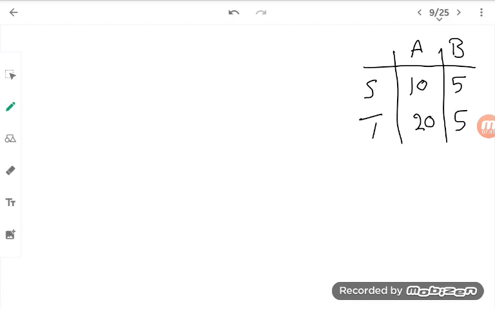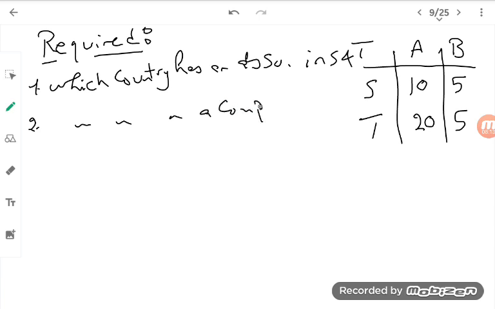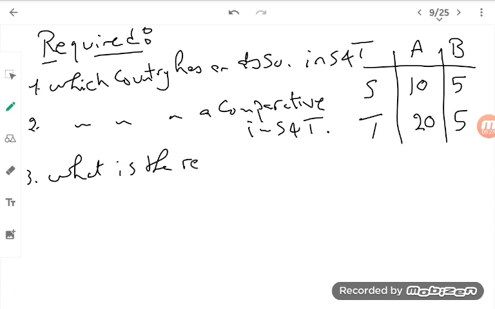Example. Okay, required: number 1, which country has an absolute advantage in S and which in T. Number 2, which country has a comparative advantage in S and which in T. What is the relative price of S and T?